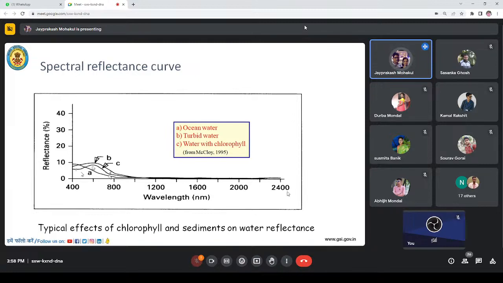You will have a relatively much higher reflectance in the NIR range also, because chlorophyll is basically vegetation, right?